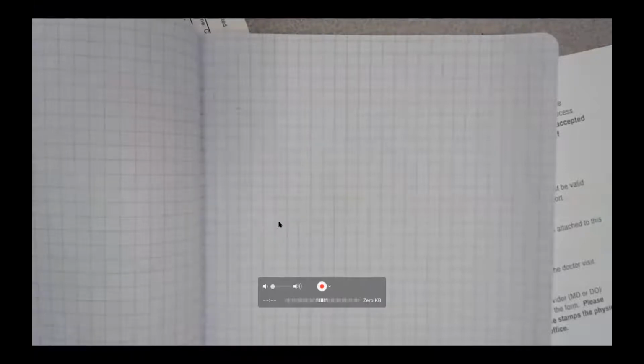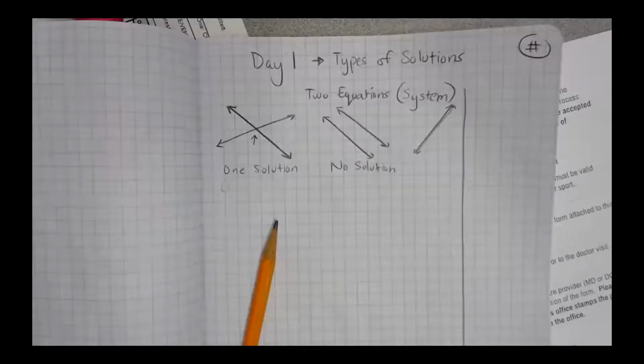Okay, so here, I want that camera. All right, so let me share my screen again for you guys at home. Okay, you're going to want to take out your notebook, open up a new page of notes. Let me pause the recording.